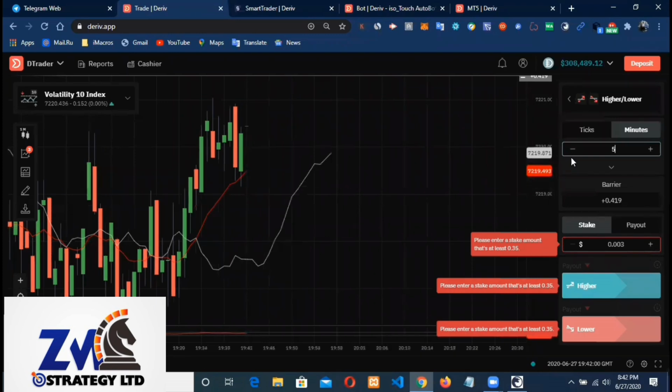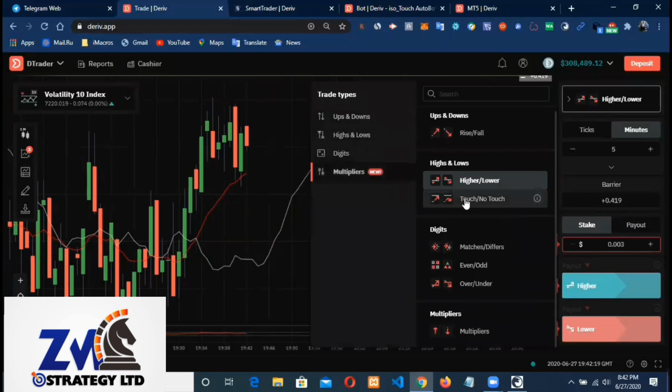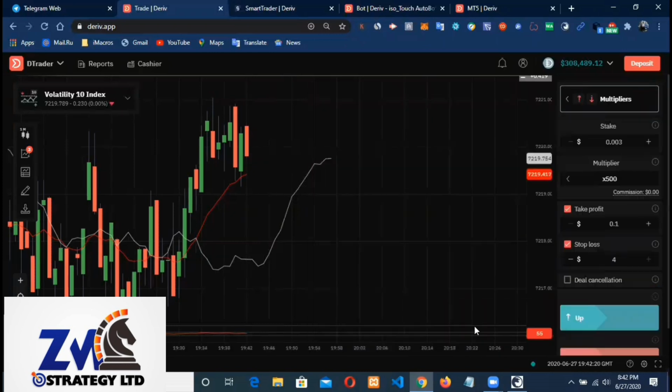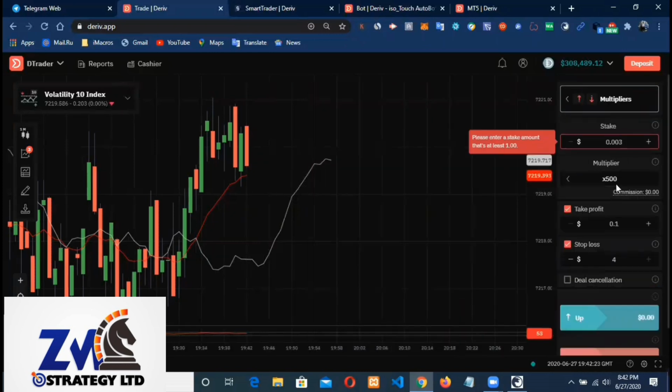Let's say you are trading on 5 minutes on these multipliers. The multiplier is just something like your rise and fall, your high and lower, but they have maybe a stop loss. Let me go to the multiplier.